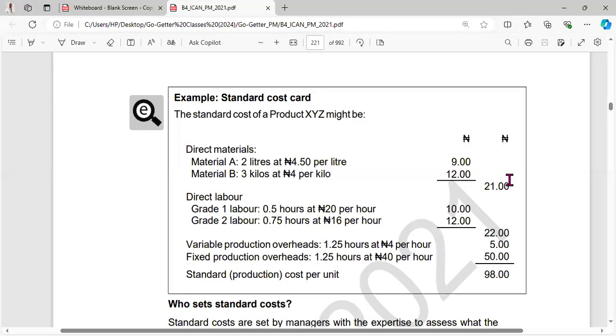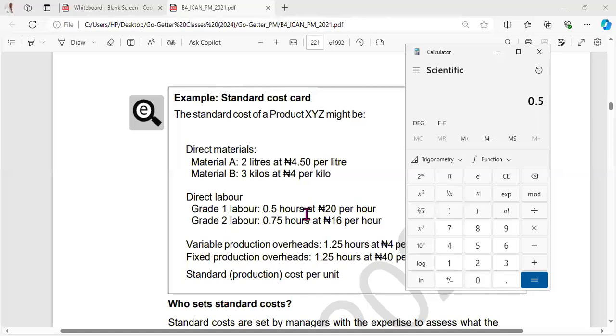We have material up here. We have labor. Then we get to production overheads. What do we usually say? Production overheads are usually based on direct labor. So when you bring your direct labor, this is 0.5 for grade 1 plus 0.75 for grade 2. That is what we have, this 1.25.